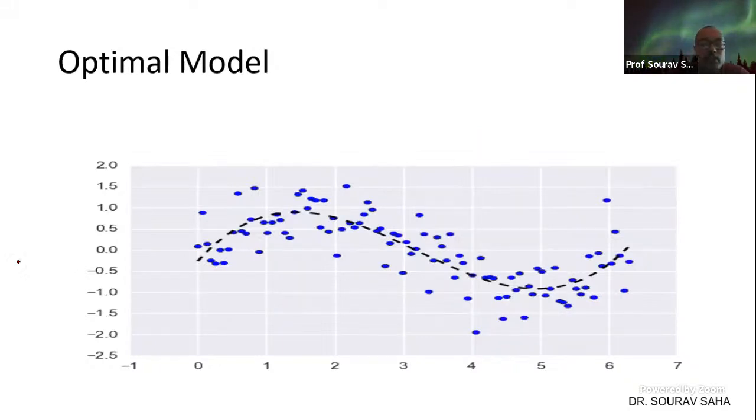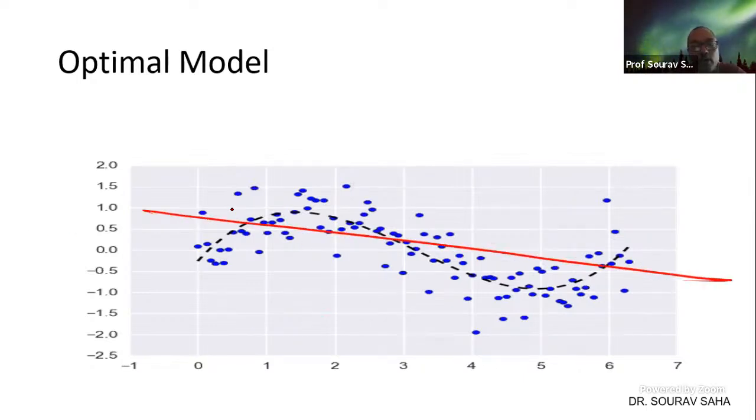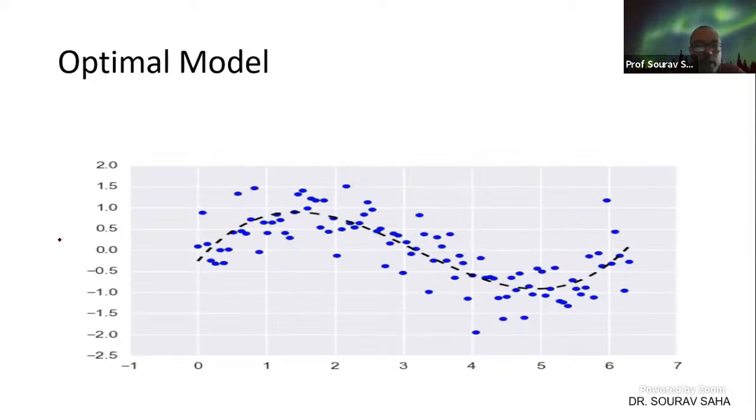In the underfit case, we had just drawn a line, a linear model. In the overfit case, it was a very zigzag curve where we tried to fit all the data points, which was also a very bad modeling process.